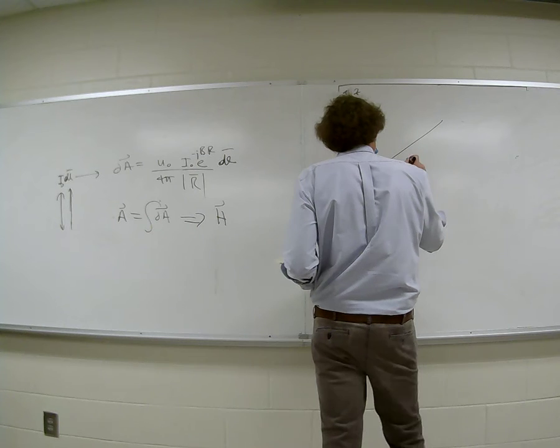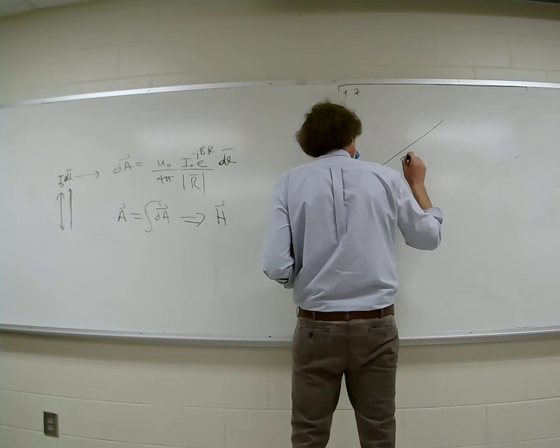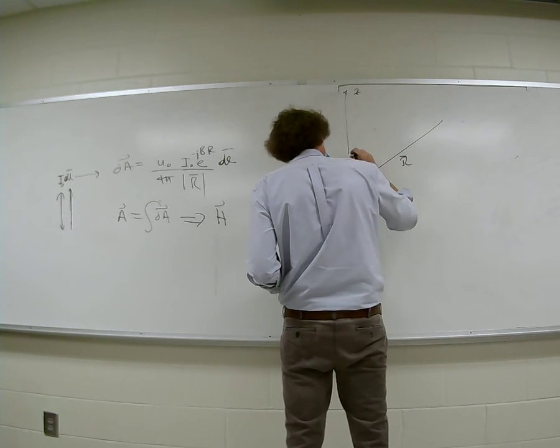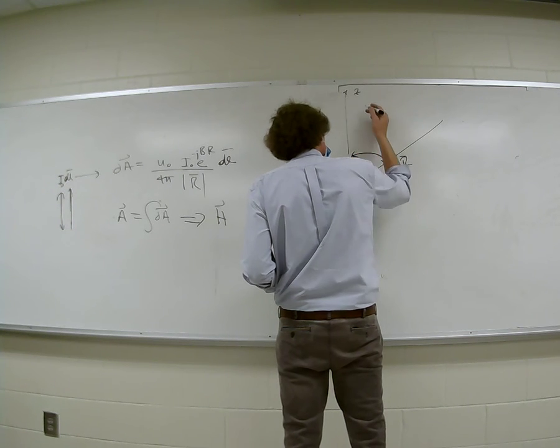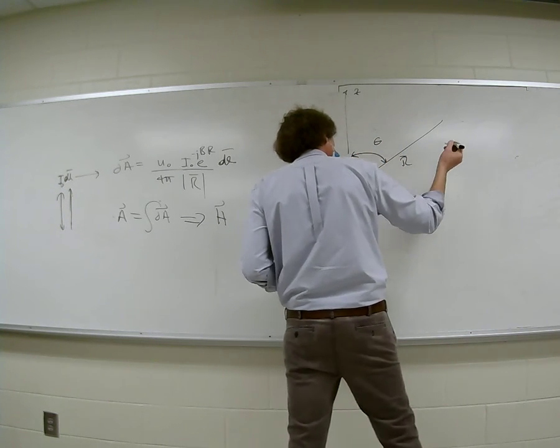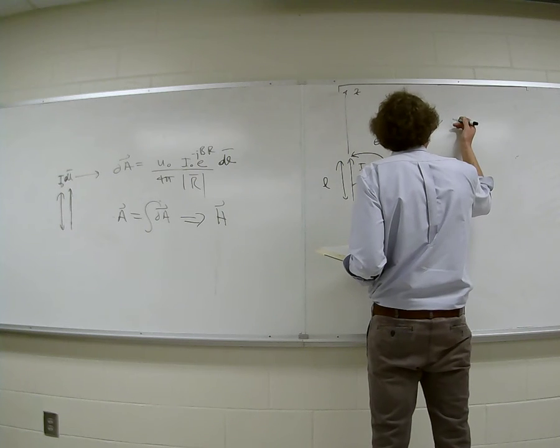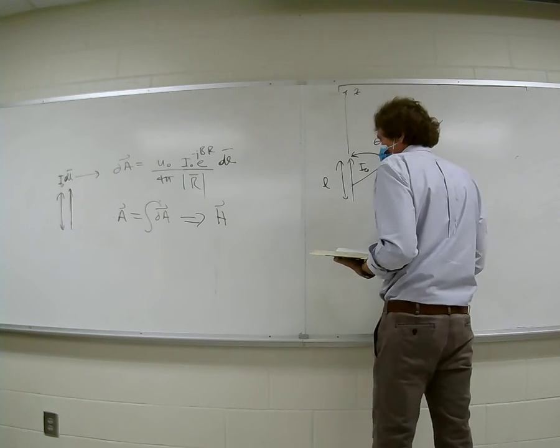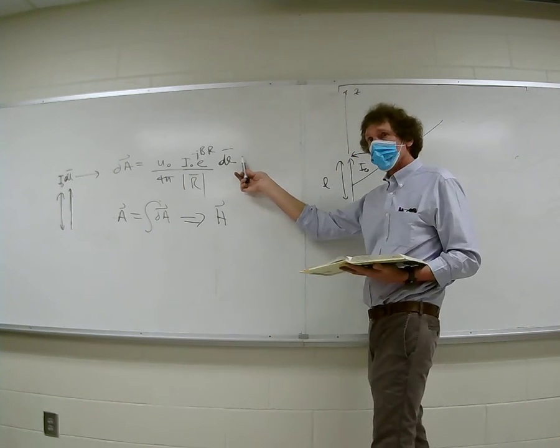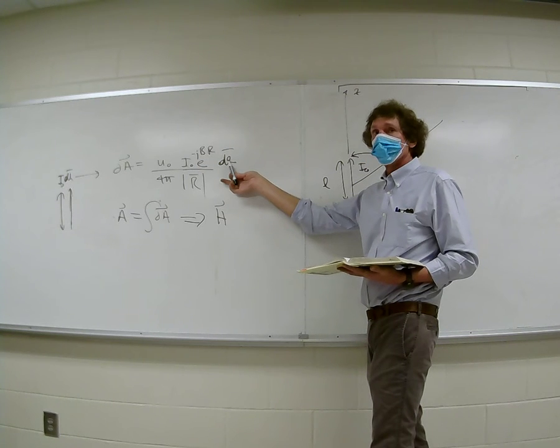And I'm going to assume I have a vector R pointing out to a position, and this angle, since this is the z-axis, will be theta. From here, I can get A by taking this equation, this is nice, and just multiplying it by L, replacing dl by L.